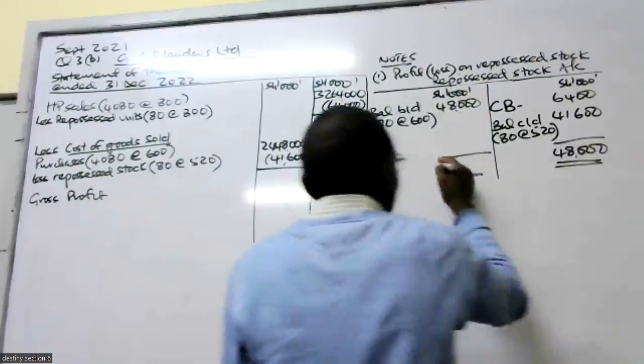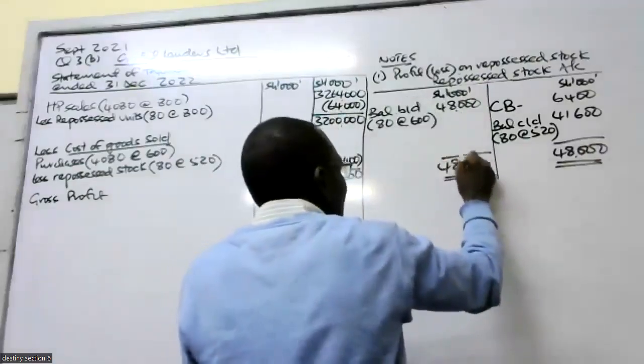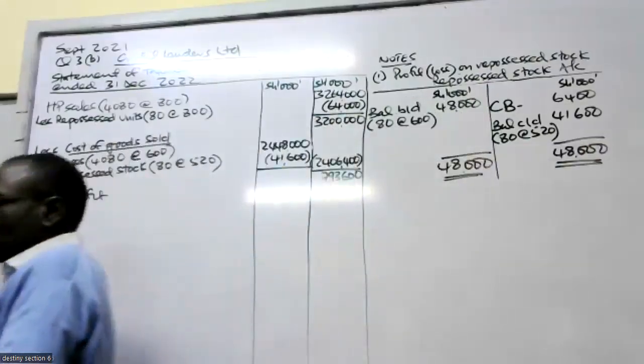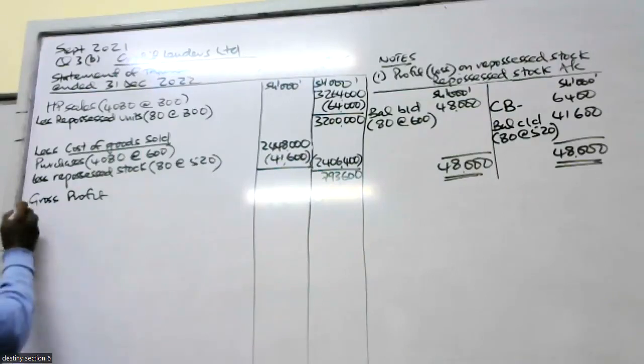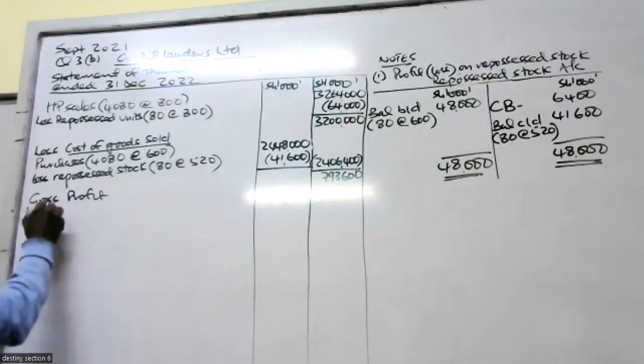There's no profit on the 80 units and there's no loss. So there will be no entry for the 80 going forward. We'll just want to deduct allowable expenses. So there's no gain, so we'll say less allowable expenses.